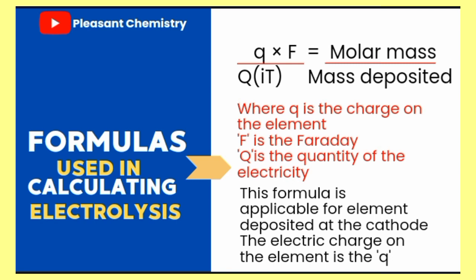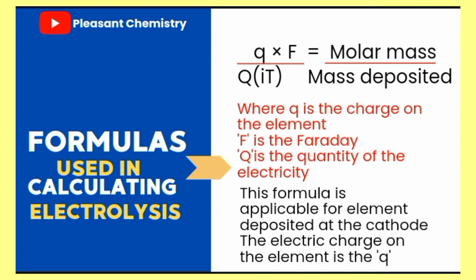Then the molar mass is the same as the atomic mass of the element, over mass deposited. Note that molar mass will always be greater than mass deposited. Mass deposited is just a fraction; the value is not as big as molar mass.